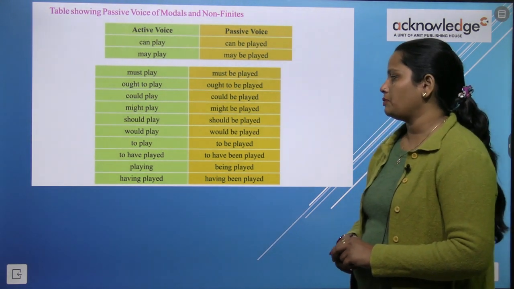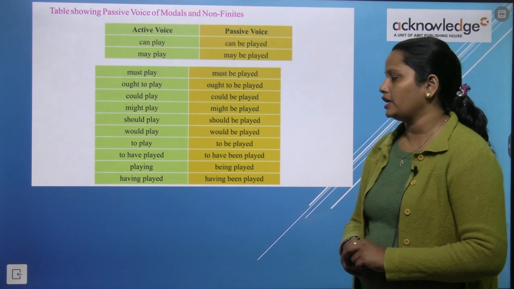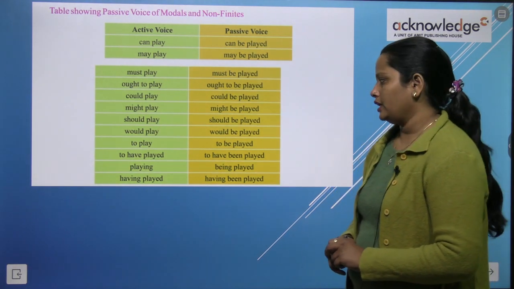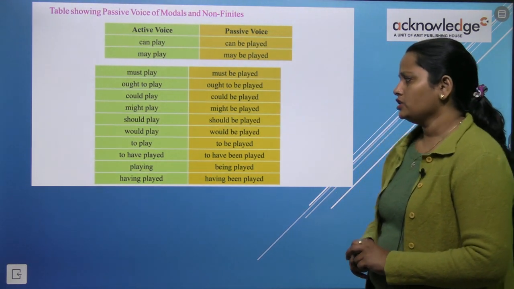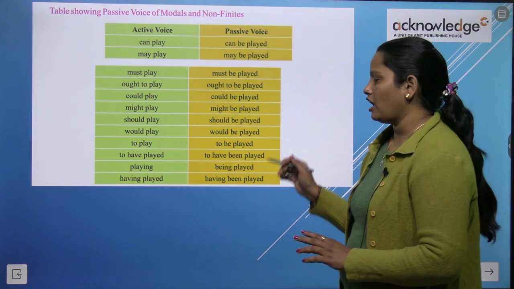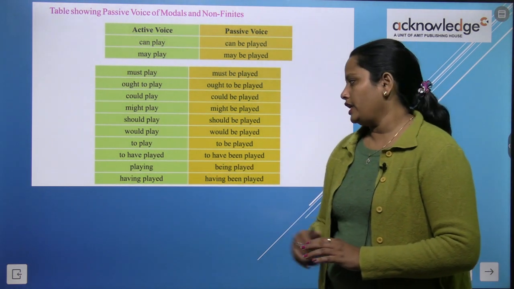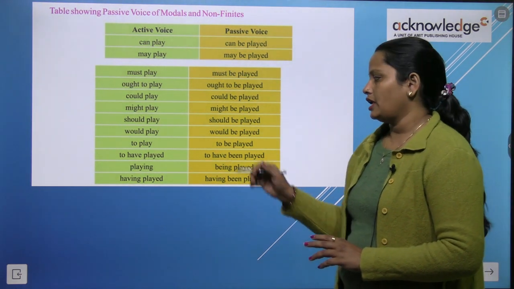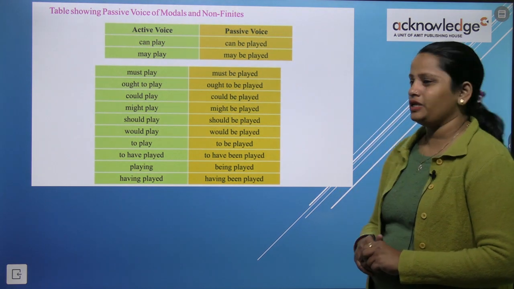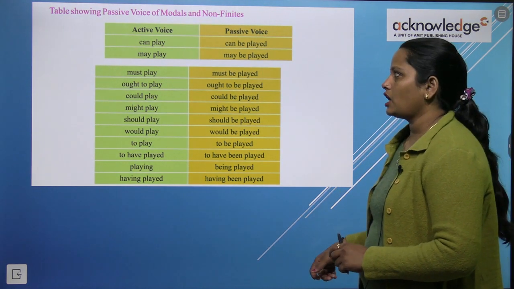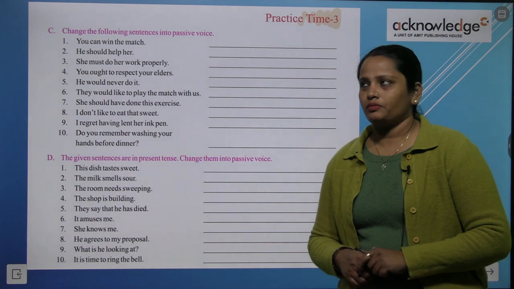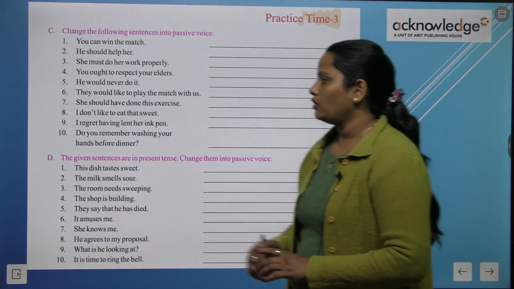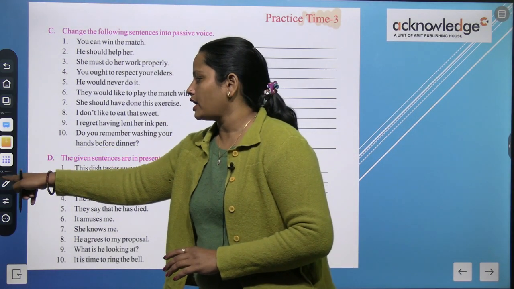Should be played. Would be played. To be played. To have been played. Playing, being played, and having been played. So these are a few of the examples that we have to learn. Now let's quickly come to the book exercise.